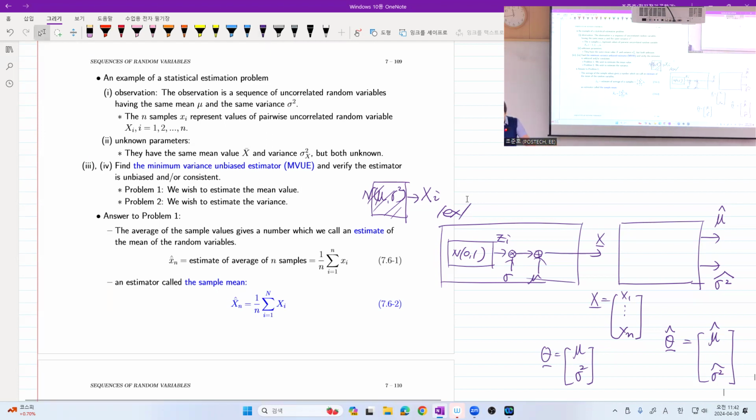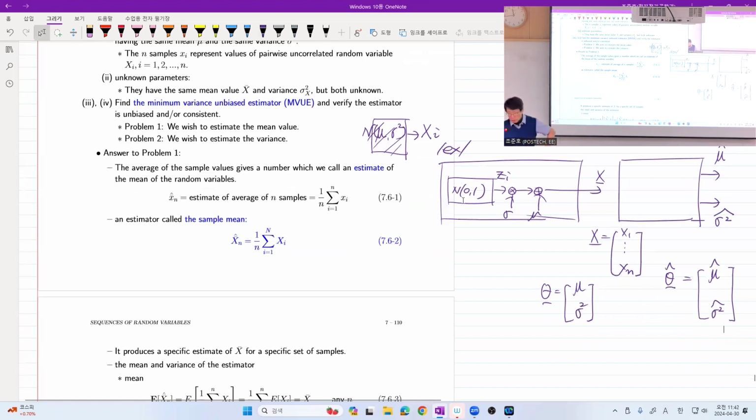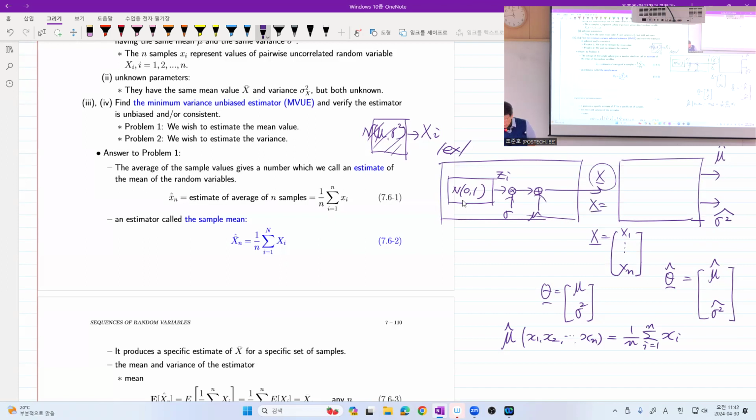The upper branch could be something like this: mu hat of x1, x2, through xn may be defined like this. Here, this means you have an observation, so this one is the input, right?